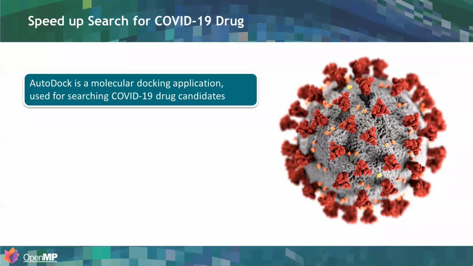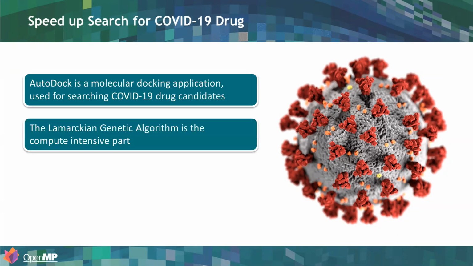For this, there's the software AutoDock, which is a molecular docking application used open source by many medical researchers. And the compute intensive part of this application is a Lamarckian genetic algorithm.